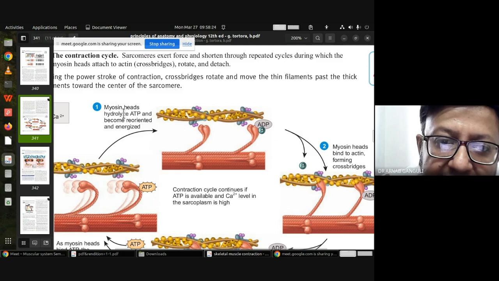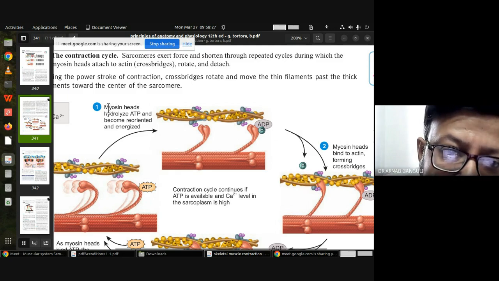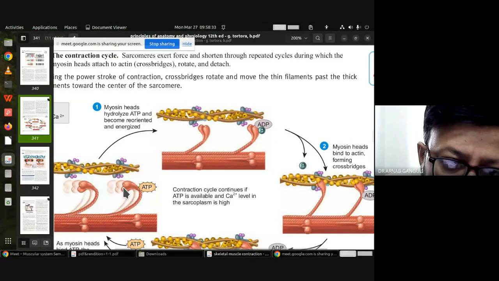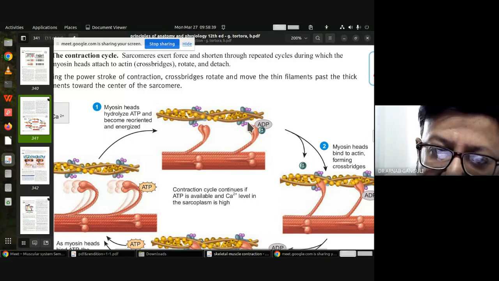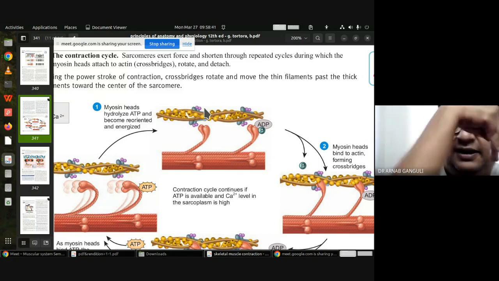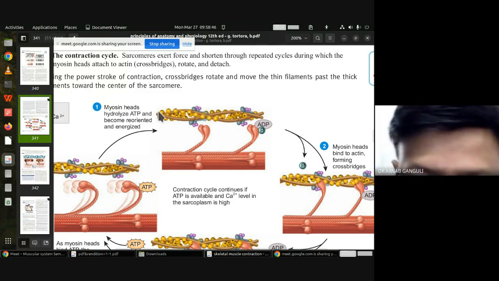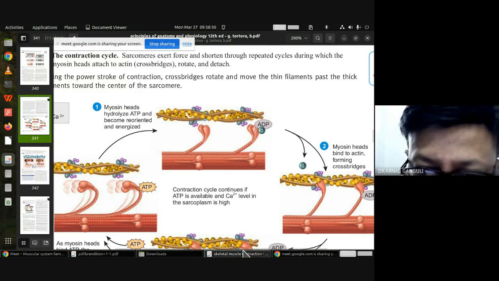So the myosin head hydrolyzes ATP and becomes reoriented and energized. Normally it is bent, it is curved. ATP is bound, it is hydrolyzed, and with the energy it becomes straight. It moves by the energy of ATP, it becomes straight.